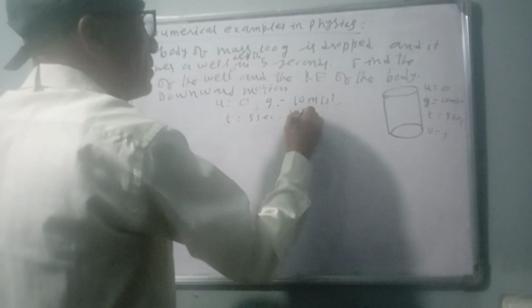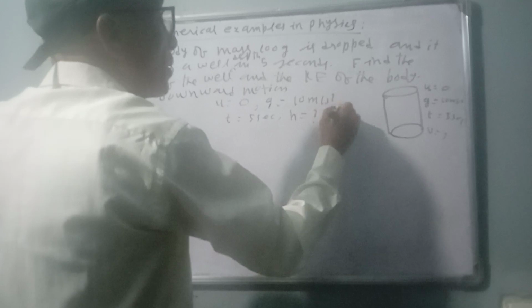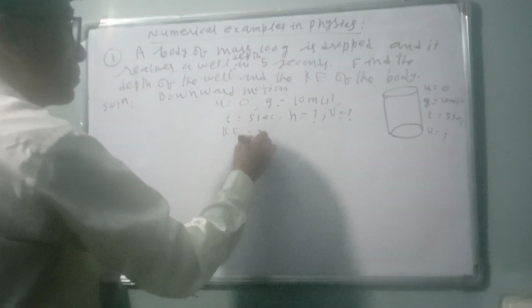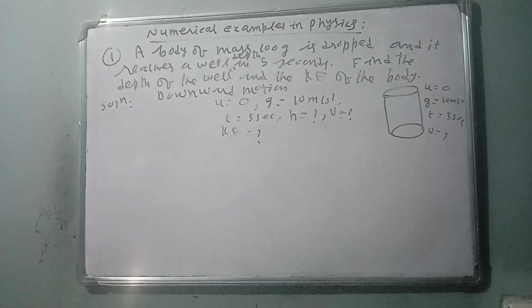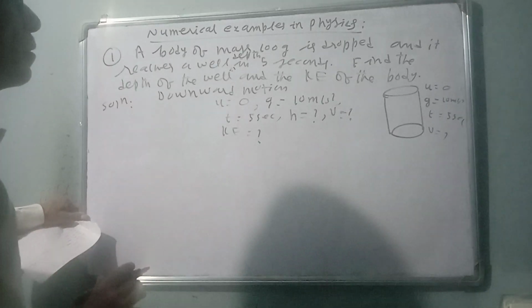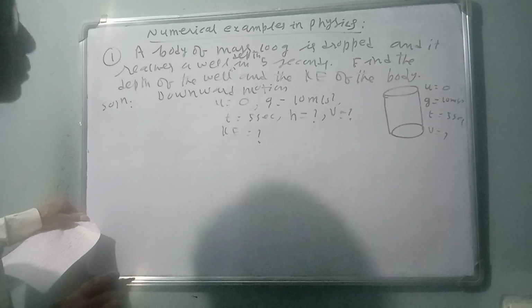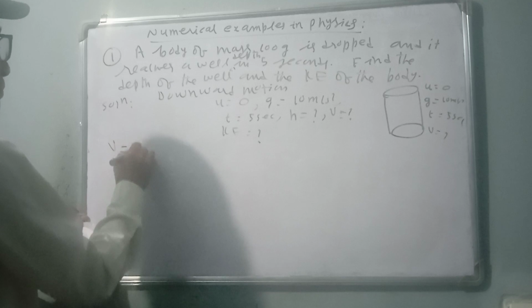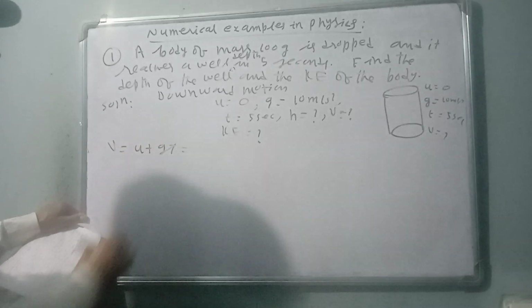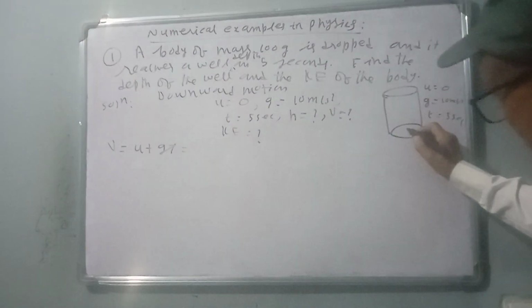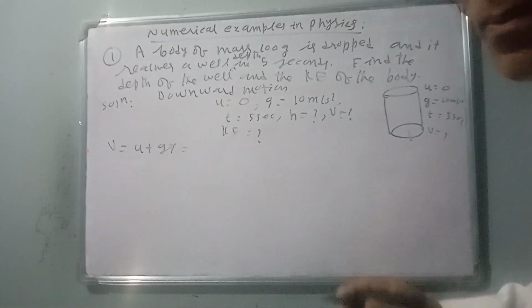We have to find depth, final velocity, and kinetic energy of the body. First of all, how to find out? First, you have to find out h. Or you can easily find out v equal u plus gt. That is also correct. v equal u plus gt. That is the final velocity, or the velocity of the body with which it strikes the depth of the well.